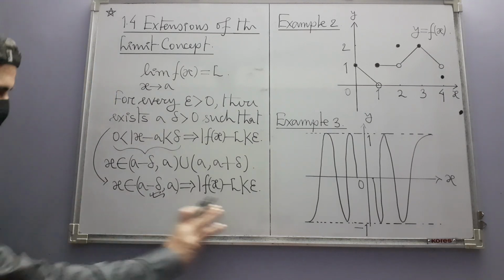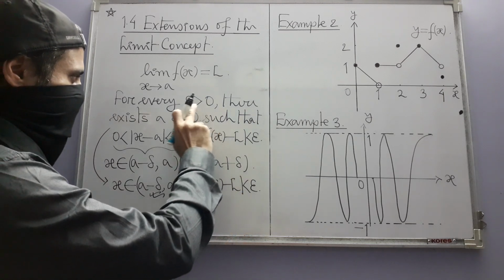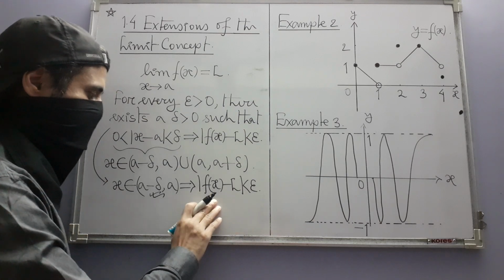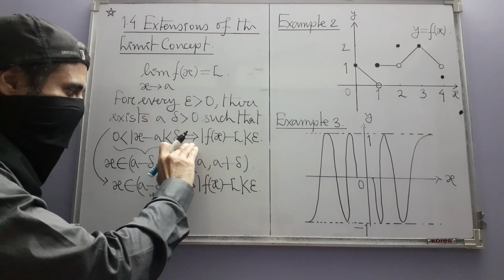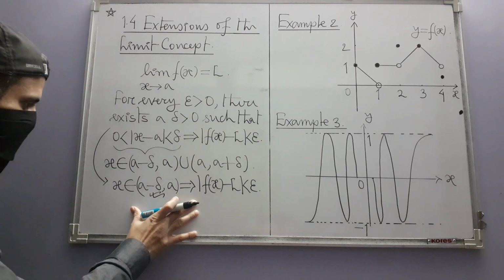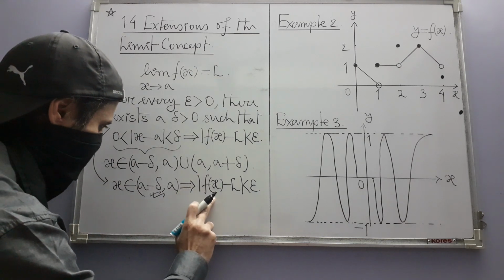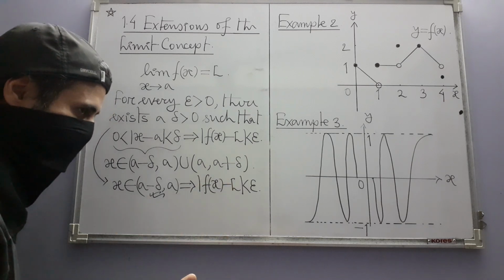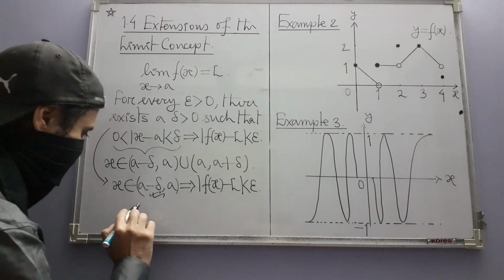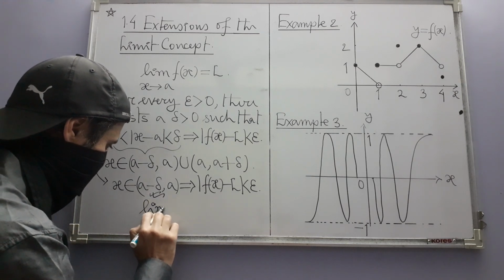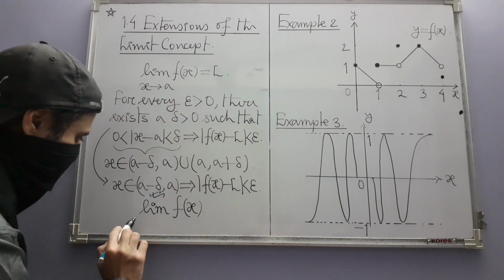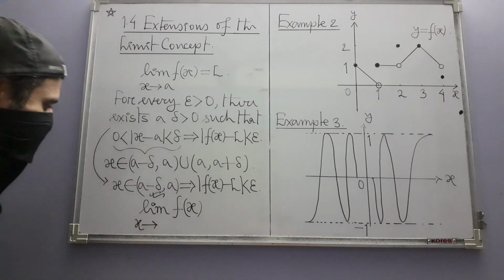If for every epsilon there is a delta such that this happens, which is a less stringent condition than this ordinary limit condition, then we say that f(x) has left hand limit L at a, and we use a notation like this, which looks much like the previous notation with one slight difference.